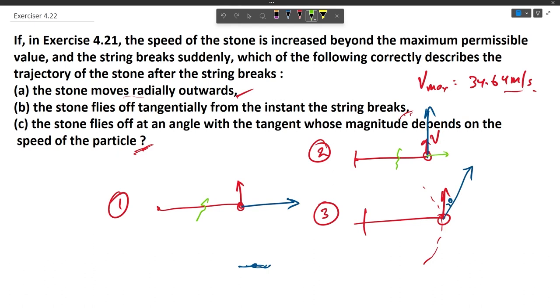So the net force on the body will become zero. So it is posed that the stone will fly off tangentially in the instant the string breaks, because the velocity is always directed tangentially to the path in a uniform circular motion. So the stone will follow its velocity and it will go in the direction of its velocity.